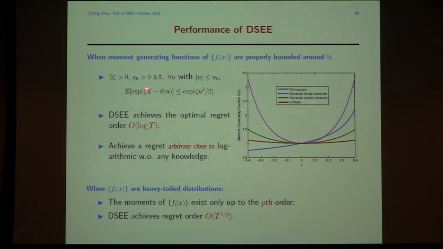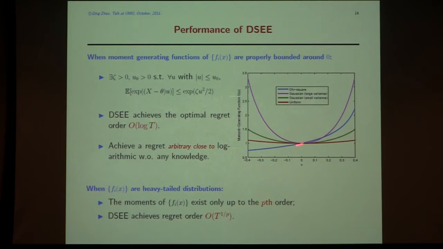We just need the moment generating function of the reward random variable to be properly bounded by an exponential function around 0, only around 0, within any arbitrary positive length of interval around 0. If this is the case, then we can achieve the optimal log regret. We can choose a cardinality for the exploration sequence equal to log and achieve regret equal to log, which according to Robbins' result is the fundamental limit. That's the best order we can hope for.